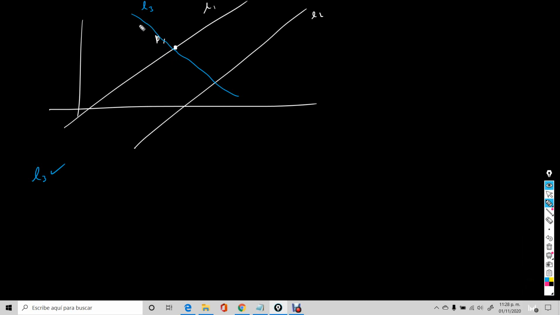Since it is perpendicular to L1 and L1 is parallel to L2, L3 will also cut L2 perpendicularly at point 2. Then find point 2 by solving that system of equations between L3 and L2, and finally just find the distance between these two points like I did, and that will be the distance between L1 and L2, and you're done.